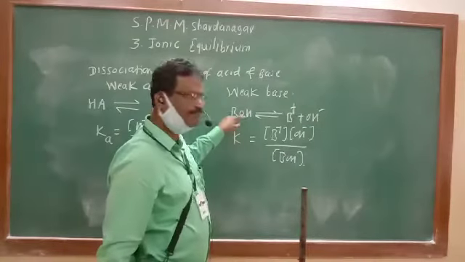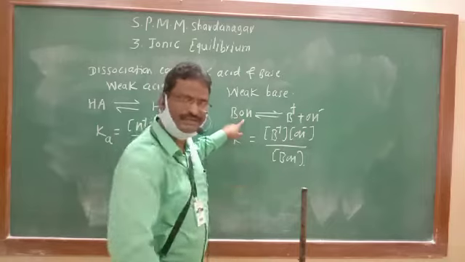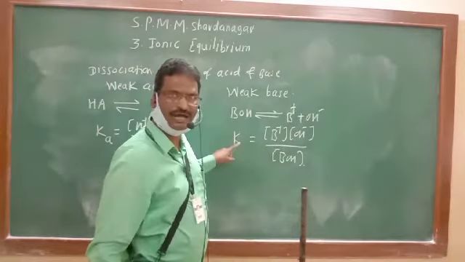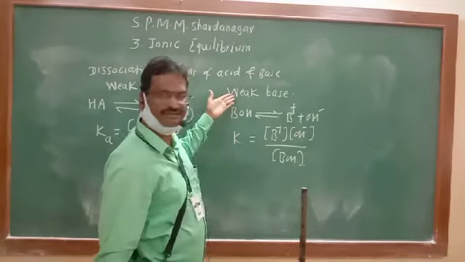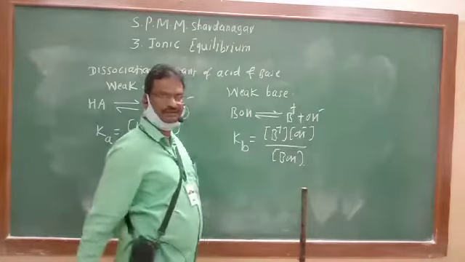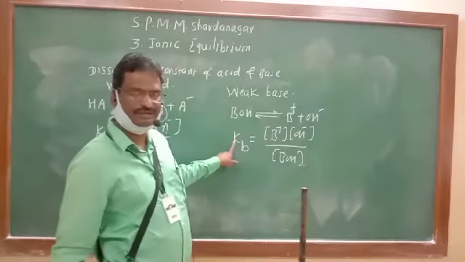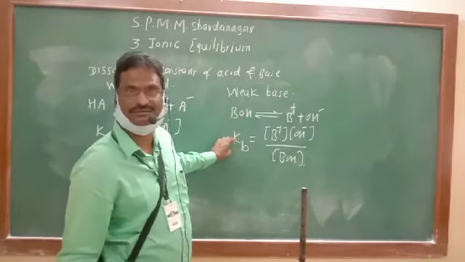This is the equilibrium constant for this reaction. Since dissociation takes place, it is known as a dissociation constant, and it is the dissociation constant for base, so written as Kb.